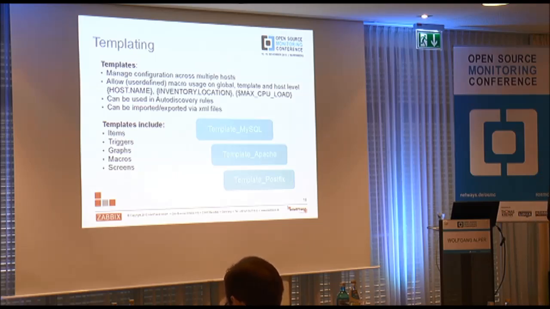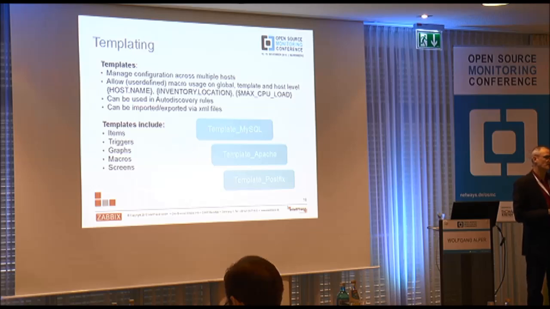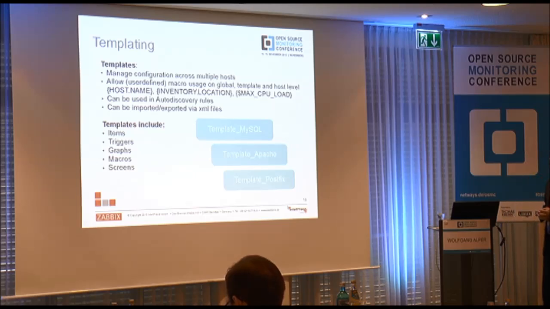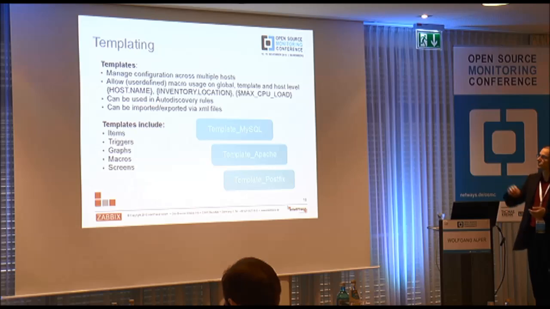On the system level, you define that if it's higher than 90%, this particular template says this value should be 80, and your current host where you deploy this one should be 75. So you can have multiple values assigned to those macros, which makes it very easy to have customization on a host level. So these are just some examples.